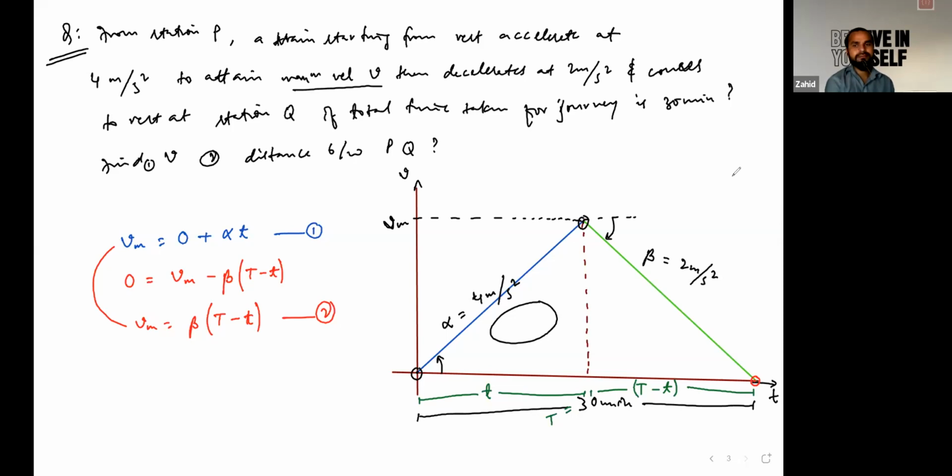Oh, sir, I did not notice the capital T. Okay, no problem. Now just put the value of small t in first equation of motion. We have alpha also. So try to find V max.